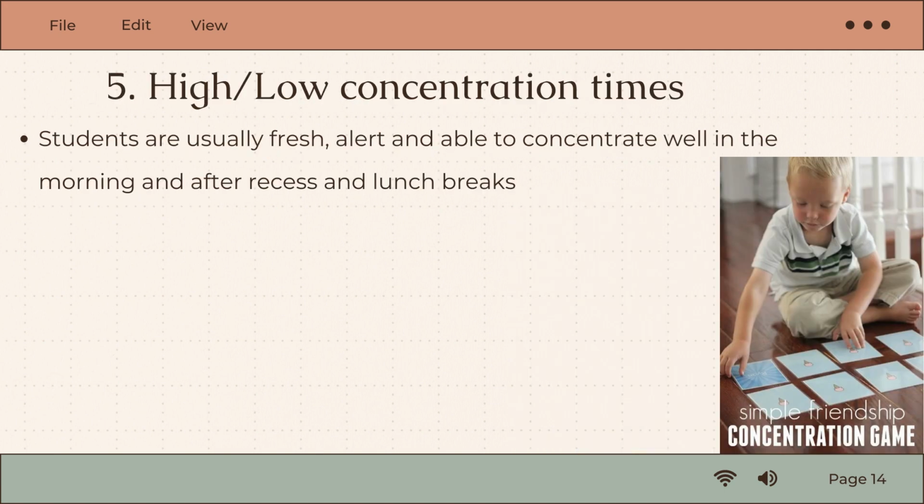So high and low concentration time is the fifth principle in making or constructing a timetable in multi-grade classroom. Students are usually fresh, alert, and able to concentrate well in the morning and after recess and lunch break.